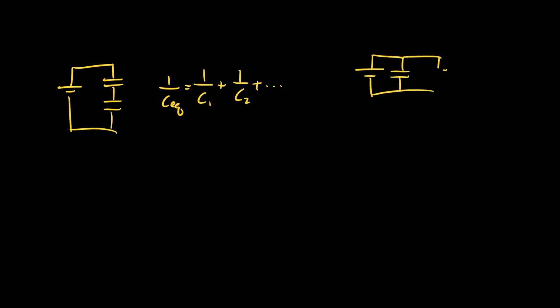The equivalent capacitance is based on summing the inverses. When we have parallel circuits, the equivalent capacitance is based on the absolute sum of the total capacitance.